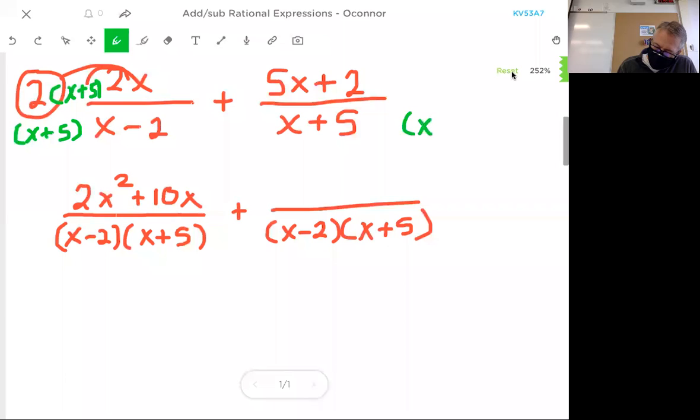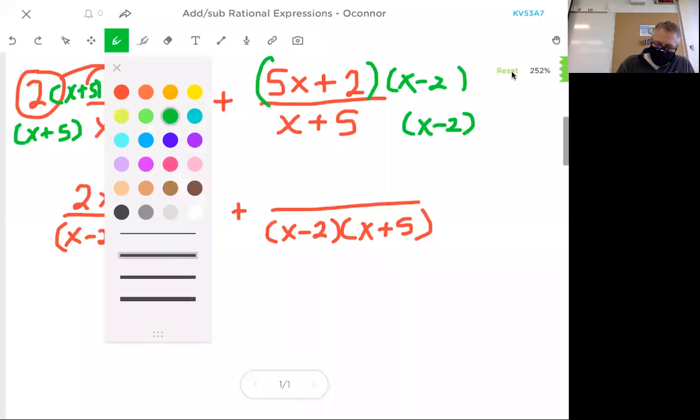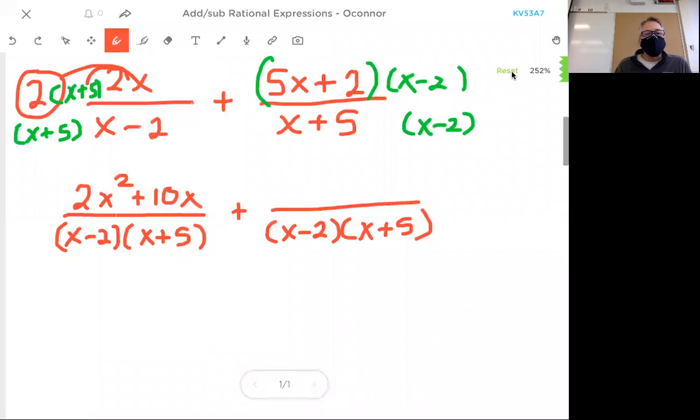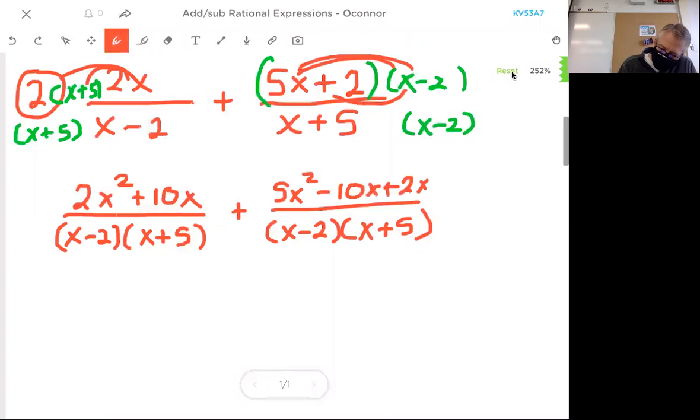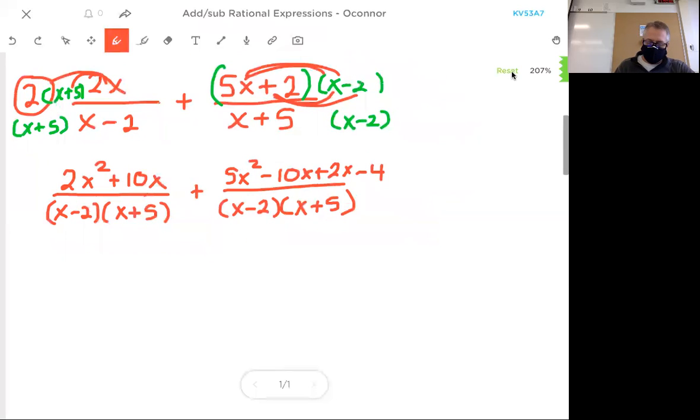We're multiplying top and bottom by x minus 2. When we multiply the top, we are going to FOIL the 5x plus 2 times the x minus 2. So when we do that, we get 5x squared minus 10x plus 2x and minus 4. So I noticed that some of you had not foiled that. So just make sure that you foiled that top right there and didn't just distribute the 2 or something.